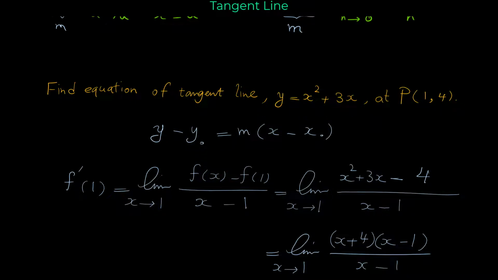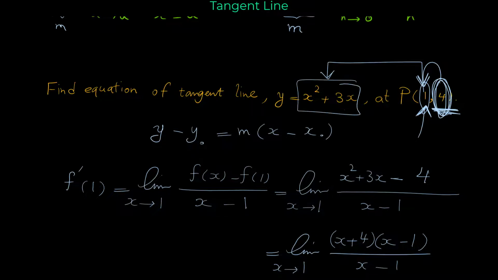Before I show you how you can find the slope with the other formula, let me tell you something about this given point. At this given point, the x coordinate is given 1. And sometimes maybe they don't give you the y value corresponding to this x value. And actually you don't need to have this 4 here. Simply, if you plug in 1 in this equation here, you can find the y value by yourself.